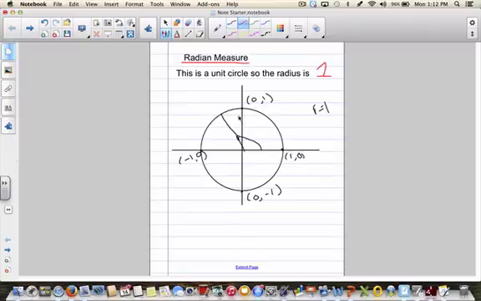and I compare the arc of the rotation back to the radius, this is a new way of looking at an angle, because the more I rotate, the more arc I create. And by comparing it back to the radius, that takes away any differences due to just having a bigger or smaller circle.